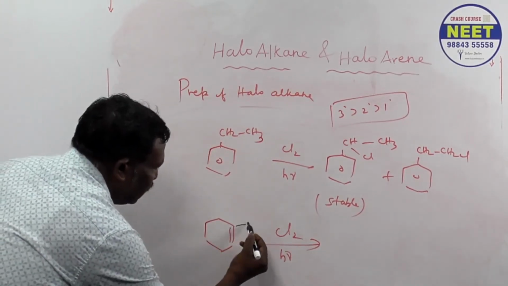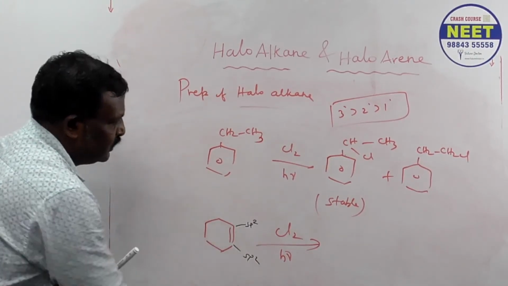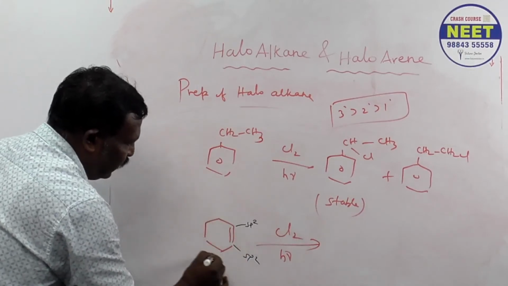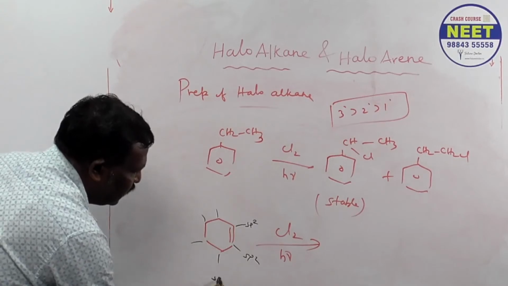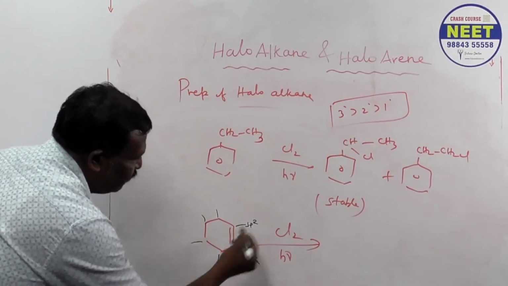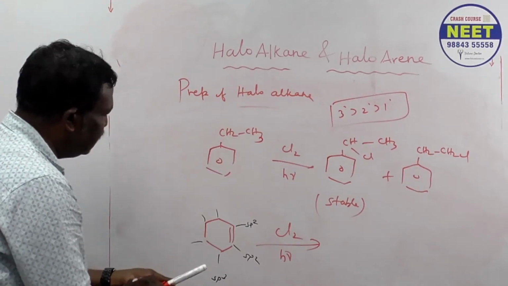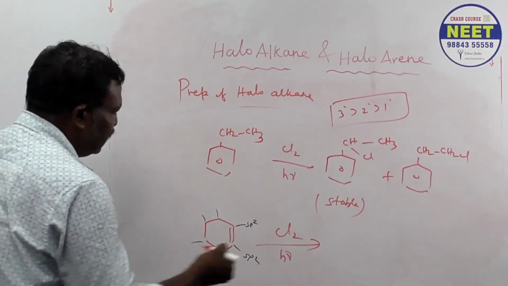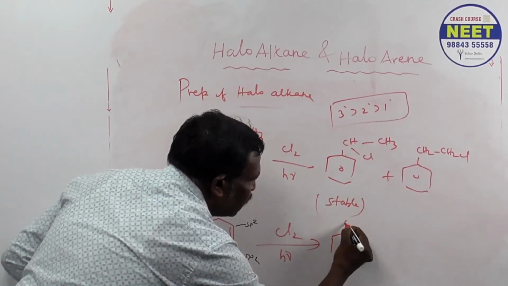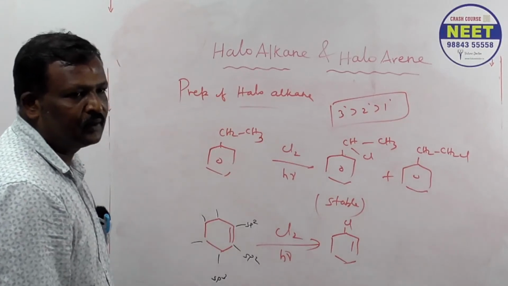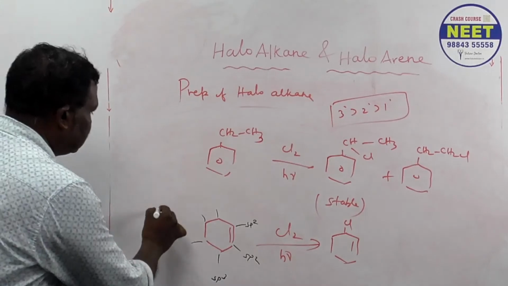This is sp2, this also sp2. Then these four are called what? This one is called sp3. Now we can replace any, here only we can replace. So what's the product? You can replace any one place. Right. It's also important. Textbook is given.